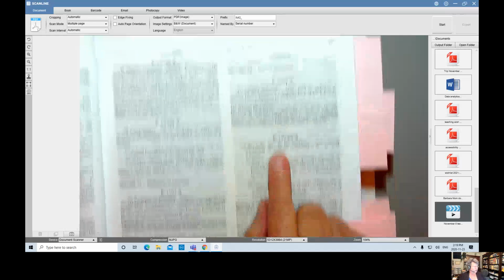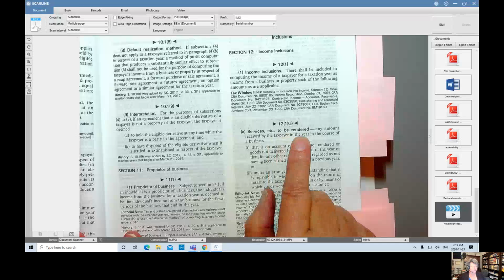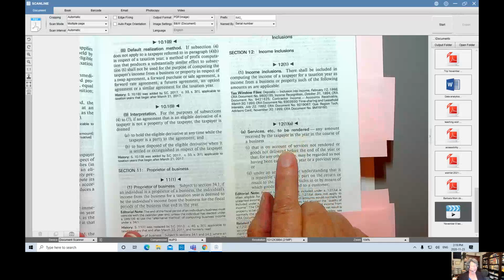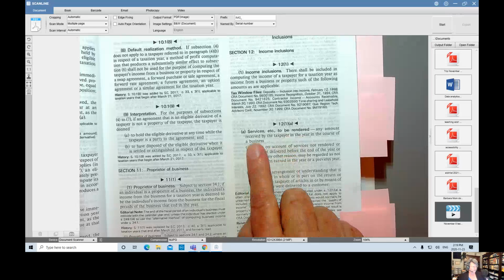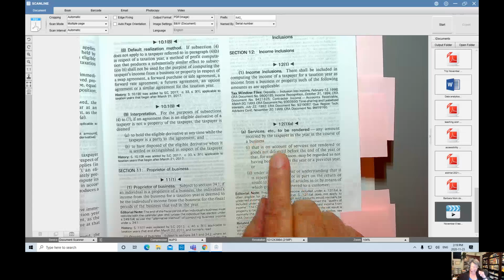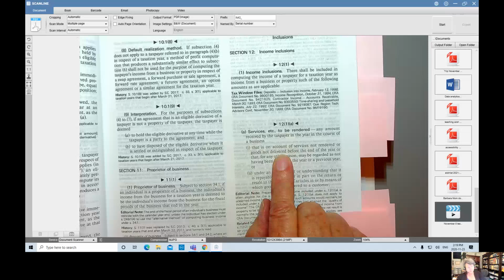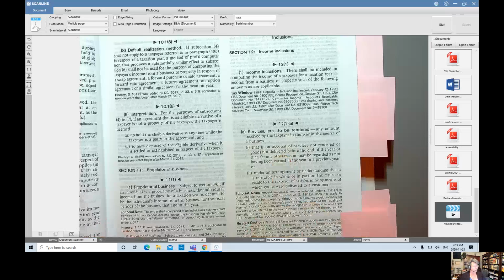But I want you to notice, services to be rendered. That is, if you've received the money, but you haven't rendered the service yet, you still have income. So an amount received by the taxpayer for services not rendered. Now you might say, well, wait a minute, what about a reserve? Well, that comes later. So we have the services to be rendered. There's your cash accounting, right?